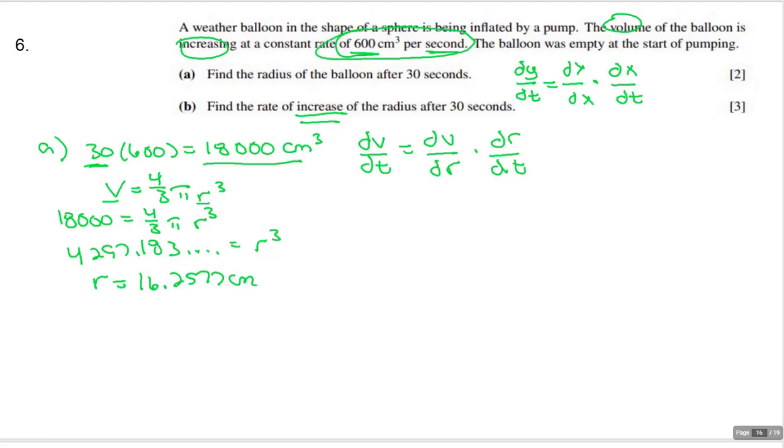So I know that this is going to be 600. This is what the volume is increasing. Now, they want me to find this, okay?